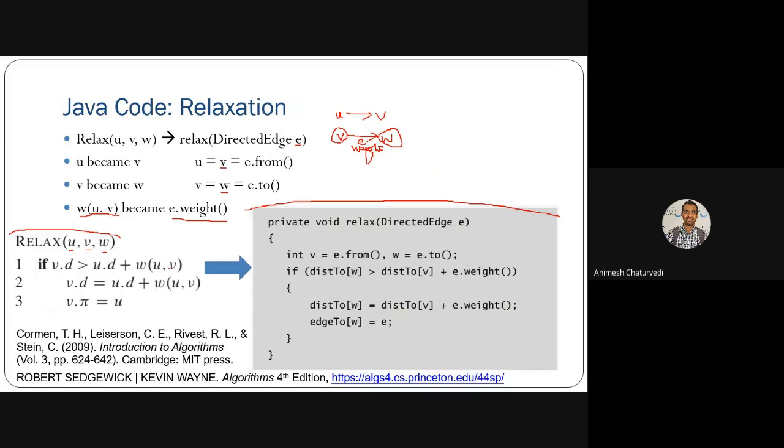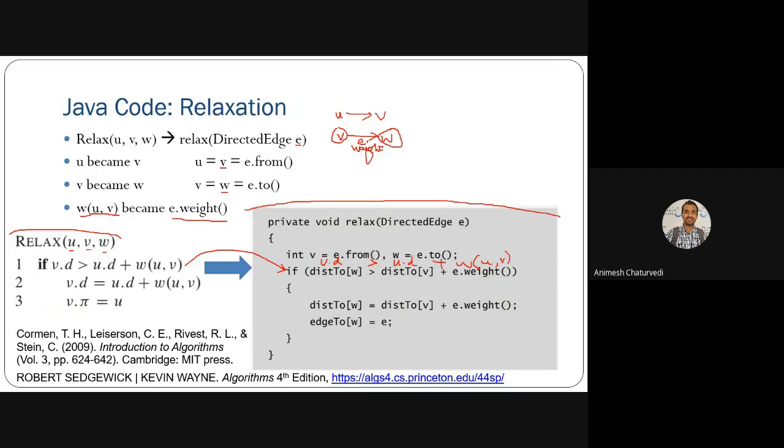So these are the steps of the relaxation. This is if v dot d is greater than u dot d plus weight of u comma v. So if this v dot d over here is greater than u dot d plus the weight between u and v, this is what it means.